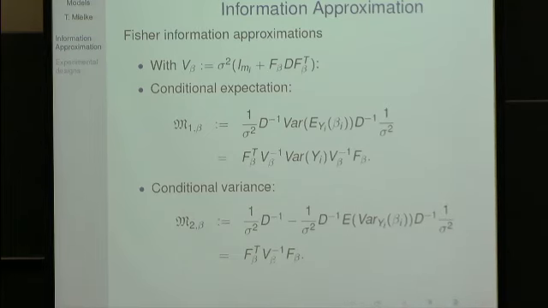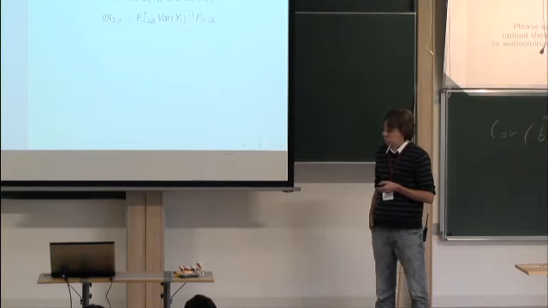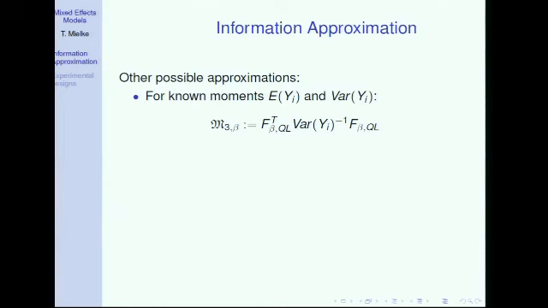Rainer already mentioned that there are other possibilities to approximate the information, or other information matrices which might be used. One is the quasi-likelihood information when we know the moments. If we cannot compute the expectation or the variance in closed form for the unknown parameter vector beta, then this doesn't make much sense.